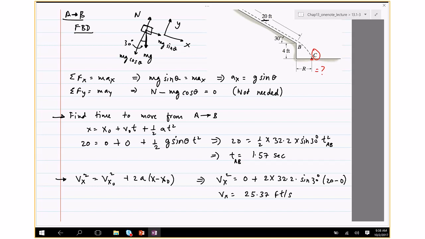So by using this expression, I sort of use what is given, 20. I do not use 1.57. That way I can sort of decouple my solution. So it's up to you. If you try to use, so he's saying, why don't you use Vx equals Vx0 plus at, 25. You should use that and see if you get the same answer.